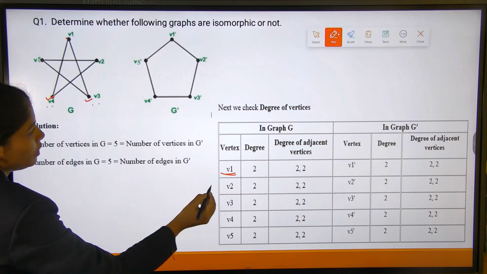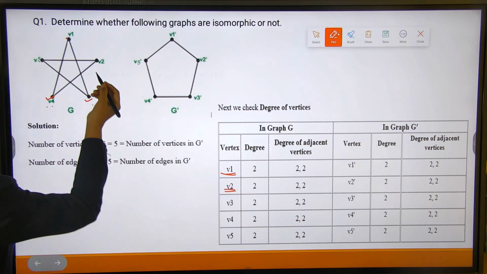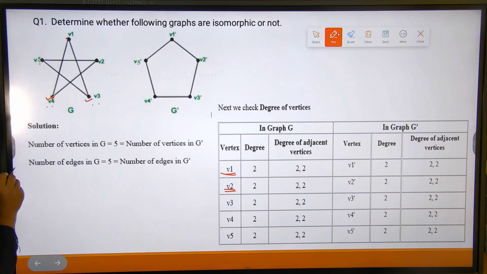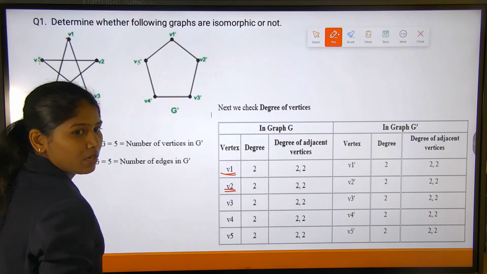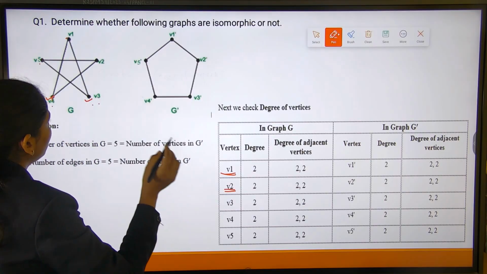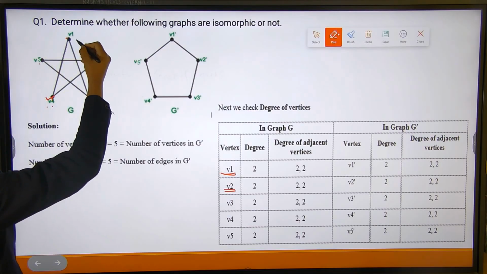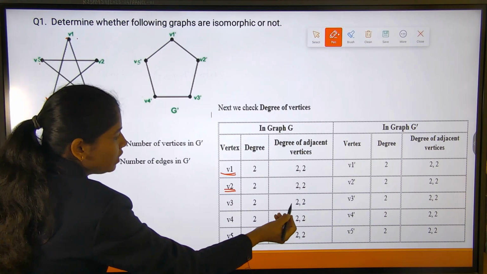Next we find the degrees of the adjacent vertices of V2. For V2 there are 2 adjacent vertices, V4 and V5, both having degree 2, that is why I have written 2, 2. Same for V3: the 2 adjacent vertices are V1 and V5, both having degree 2, so 2, 2.